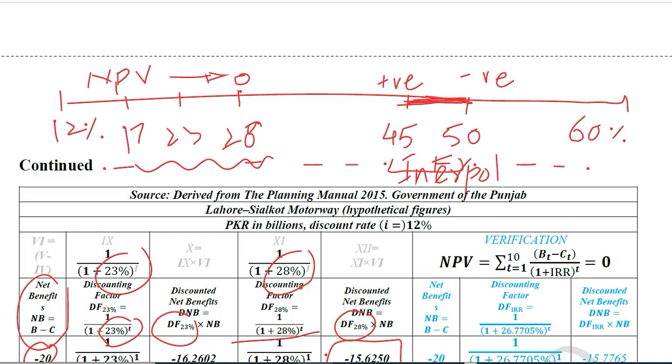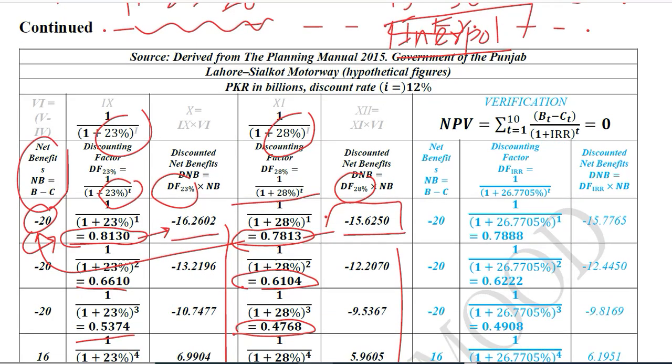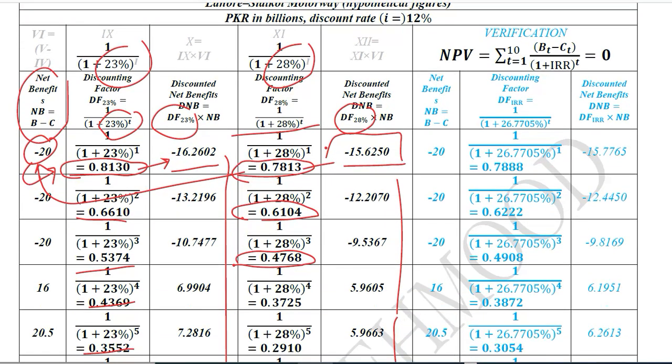We need a positive NPV and a negative NPV in order to interpolate, and the difference should be at maximum 5. So this is one thing, but after all of these calculations, we can still be doubtful whether our answer is correct, that is, whether the IRR is correct, and we can do this verification, which is visible in this blue color.